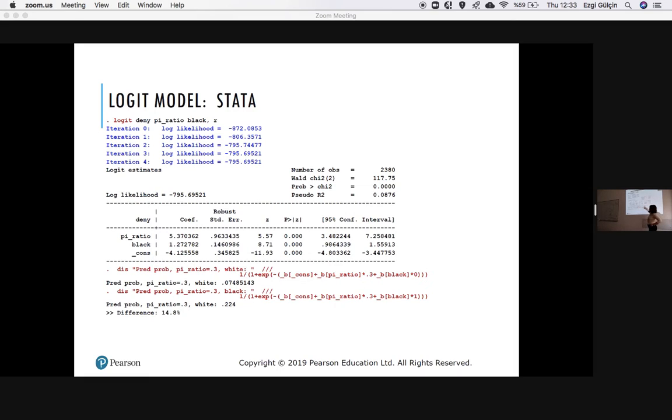So the logistic function F of beta 0 plus beta 1 times x, with x equal to 0.3, when we have a white person, and we do the same when we have a black person, and then the difference in these two numbers is 14.8%. So being black when x is equal to 0.3 increases the probability of being denied by 14.8%.